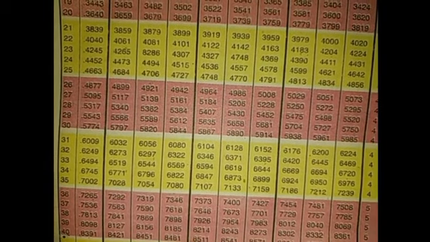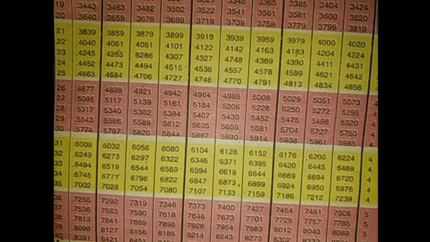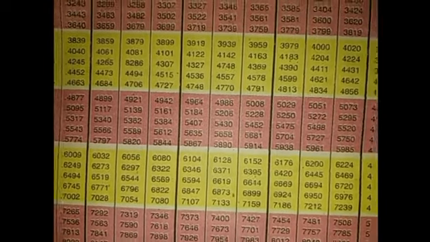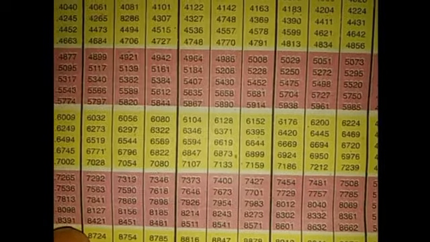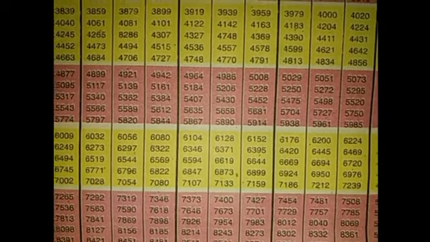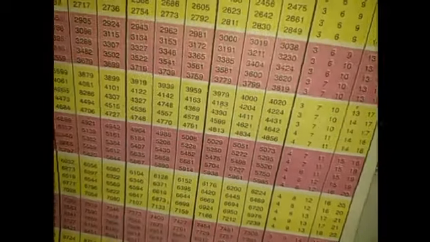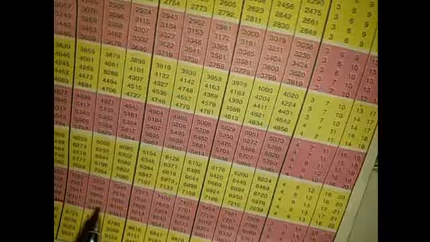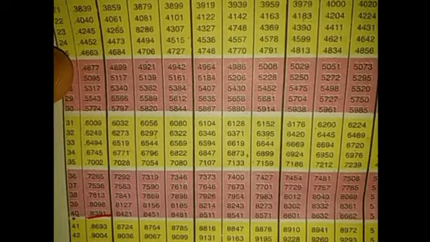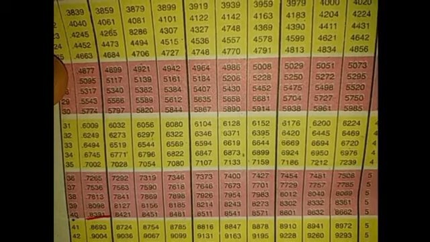So यहाँ वैल्यू मिलती है 0.8391. Can you notice this? 0.8391. This is the value. Blur हो गया. Yes, 0.8391.